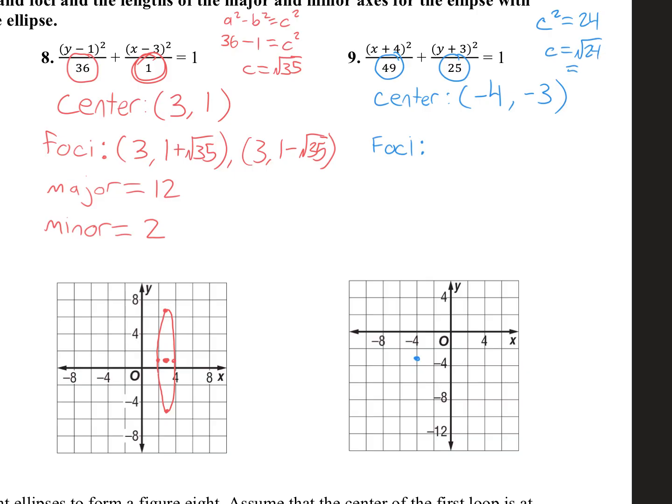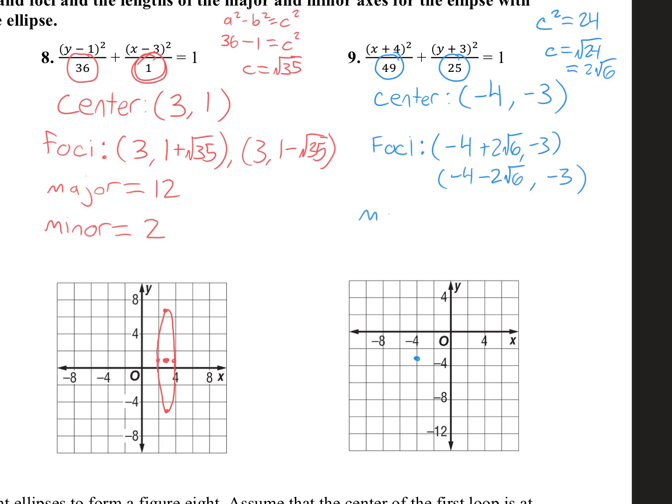And radical 24 is the same thing as 2 rad 6. All right, and because this is horizontal, I give the 2 rad 6 to the x coordinate. And my other one would be the same thing, but minus the 2 rad 6.